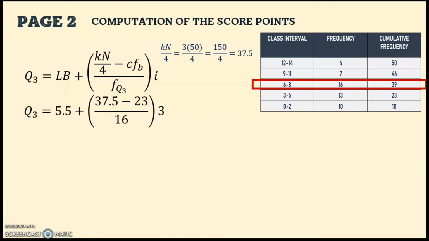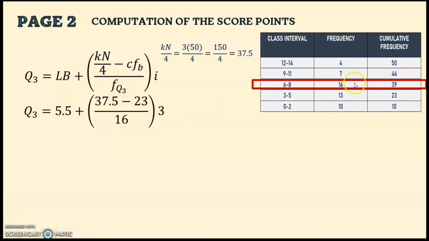LB is 5.5 because we just have to subtract 6 by 0.5. So that becomes 5.5. Kn over 4, this is what we've solved a while ago. Cumulative frequency below the quartile class. So, sa baba ng 39, 23.